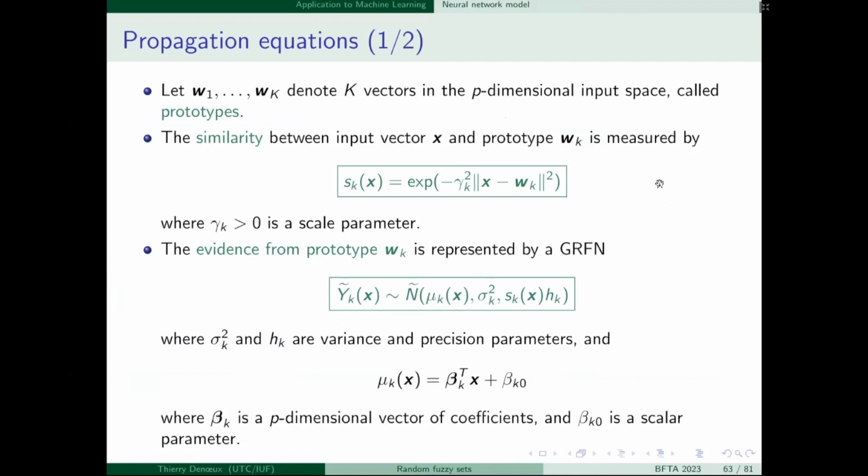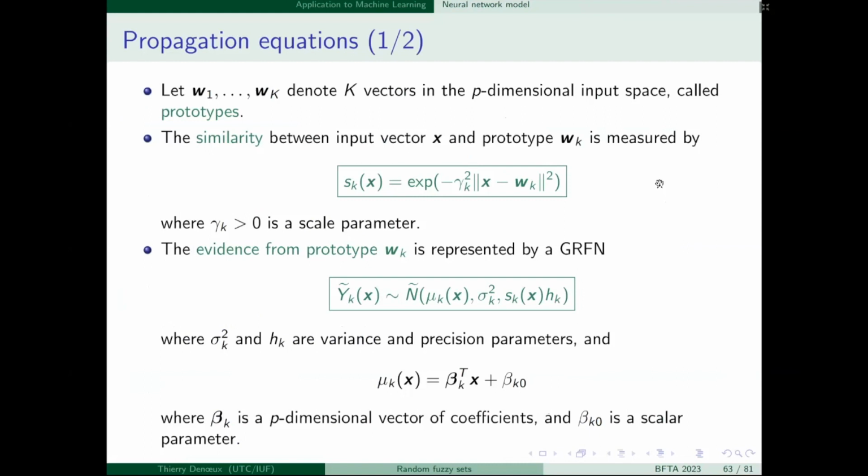And then we represent the evidence from prototype k by a Gaussian random fuzzy number, because we have seen that it's suitable for describing evidence on a real, continuous variable. So here the mean is defined like this. It's a linear function of x.